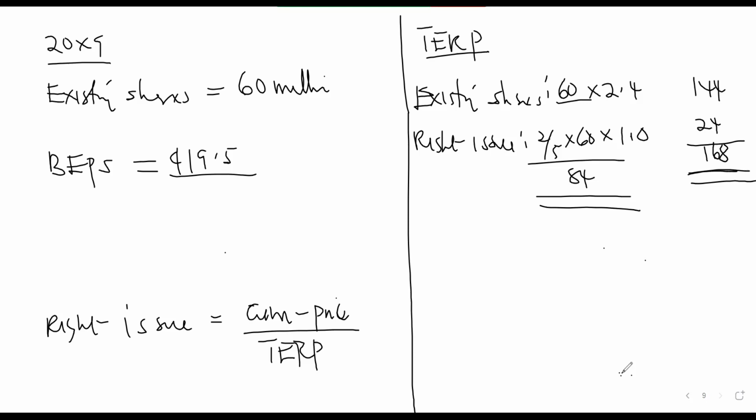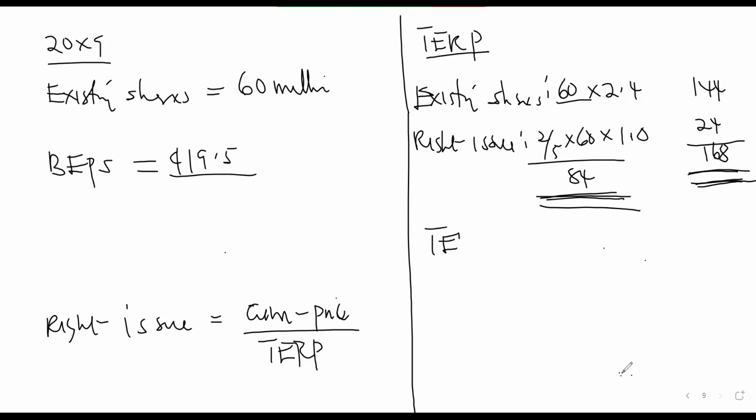The total value of the equity is 168, and the number of equity shares is 84. How do we find the value of a share? We take 168 divided by 84. What are you getting? 2.